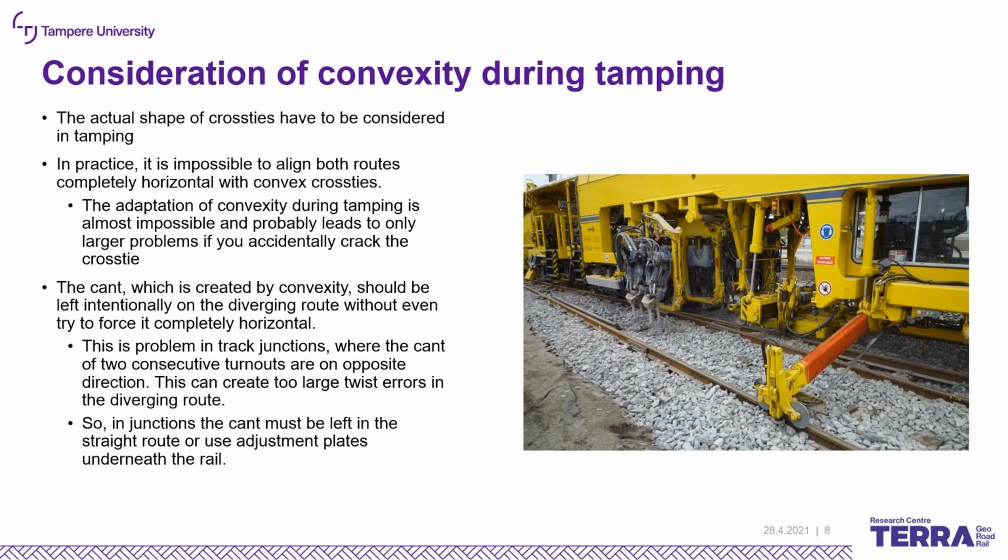So in junctions, the cant values must be left in the straight route. There is no other way. Or of course you can use adjustment plates underneath the rail, to leave all the rails in the same horizontal plane. But still the cross ties are convex in the straight route.